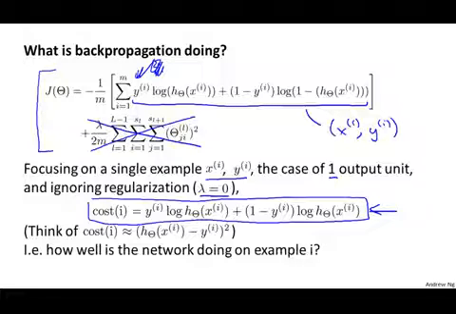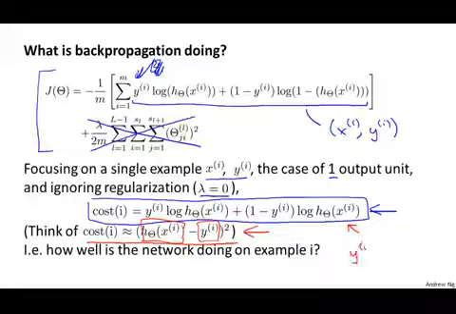So rather than looking at this complicated expression, if you want, you can think of cost of i as being approximately the squared difference between what the neural network outputs versus the actual value. Just as in logistic regression, we actually prefer to use the slightly more complicated cost function using the log, but for the purpose of intuition, feel free to think of the cost function as being the sort of squared error cost function. And so this cost of i measures how well the network is doing on correctly predicting example i. How close is the output to the actual observed label y^(i)?